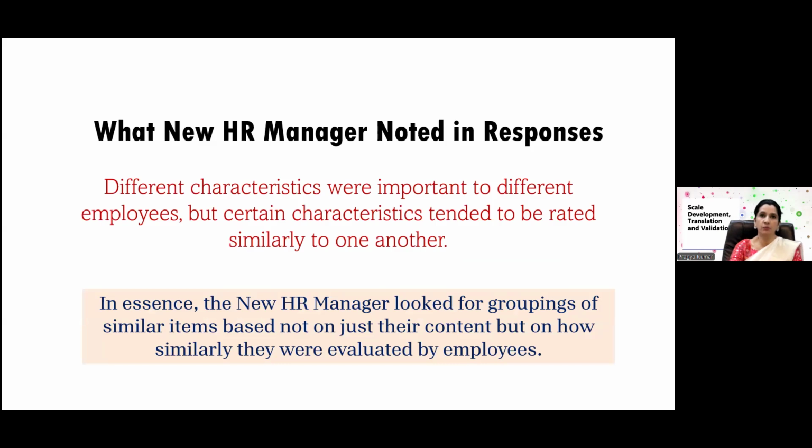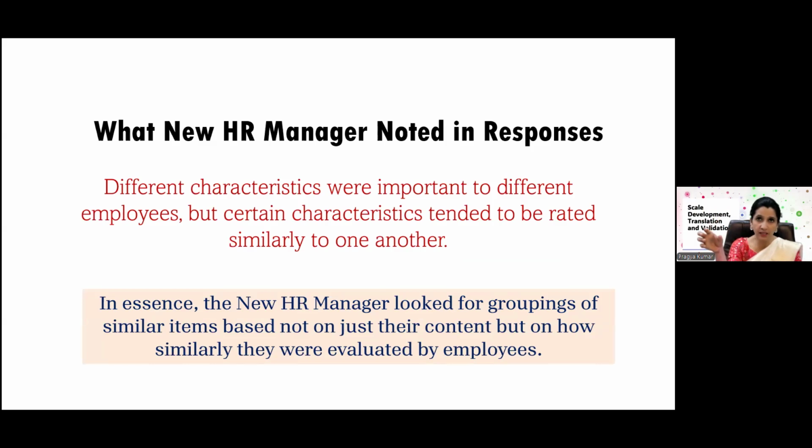So this new HR manager took the responses, and then what he noticed is that different characteristics were important to different employees. That's true, which happened in the first exercise. But there are certain characteristics which everyone rated as definitely there, this should be definitely there.